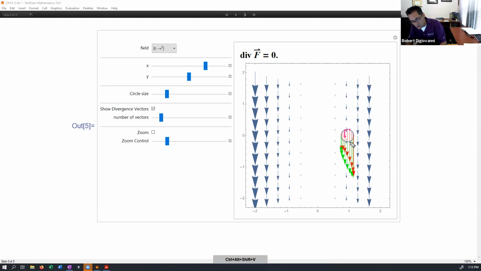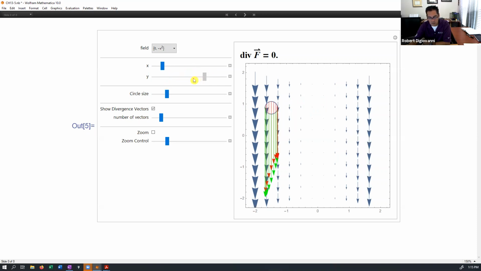But the green ones, which I can do in blue, are starting here and they're going away. So it looks like you have an equal amount going in and going out at the same time. And you can see that the div is 0, right? And it actually doesn't matter where I move in this vector field. It looks like my div is always 0, right?